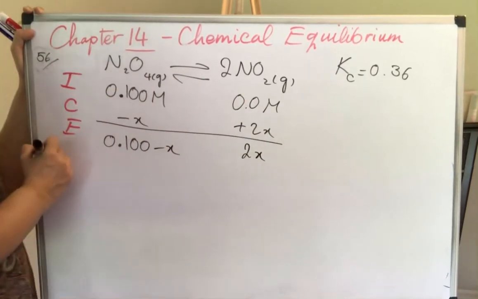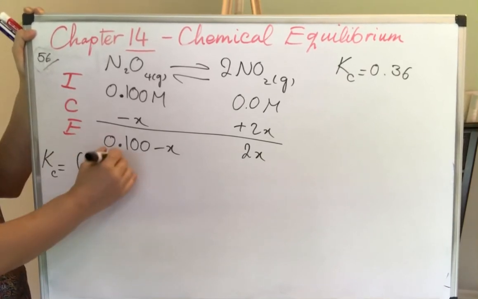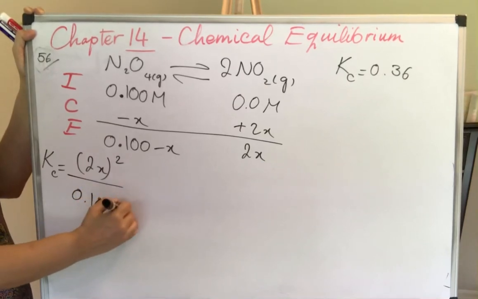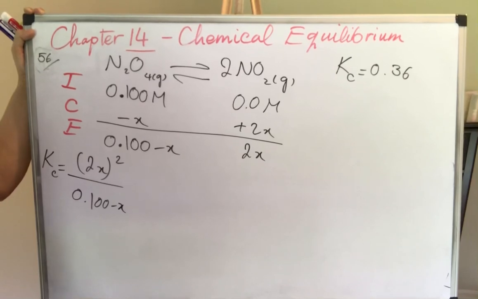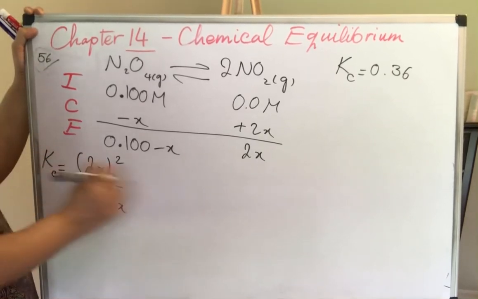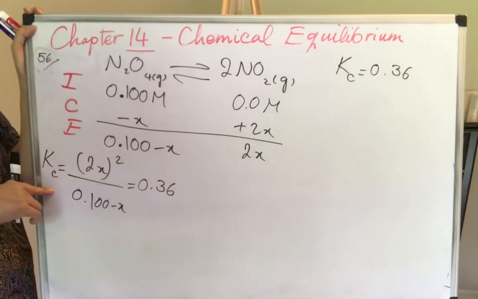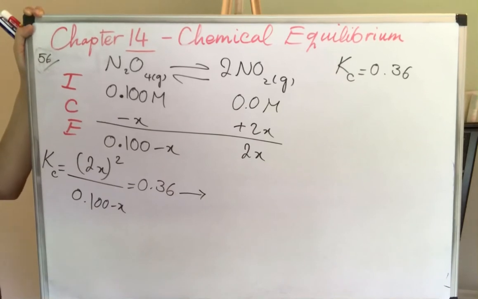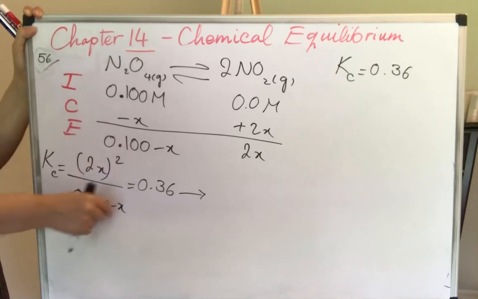So if you write the Kc, it is going to be 2x squared divided by 0.100 minus x, which is equal to 0.36. That's the value of Kc, right? Now, let's organize it in the form of a quadratic equation, because the left side is not a perfect square.